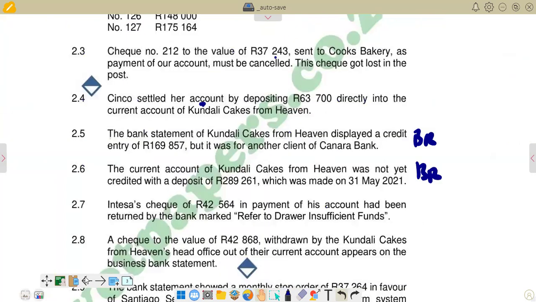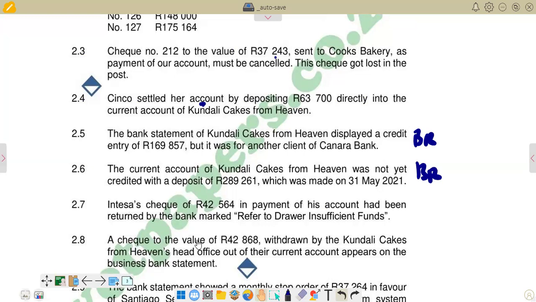Right, so if you go back and see on the next transaction is for 2.8, it is a check. The value of 42,868 rands withdrawn by the Kundali cakes from Heaven's head office out of their current account appears on the business bank statement. So this is a transaction relating to the head office, and it's not going to affect this Kundali cakes from Heaven branch.